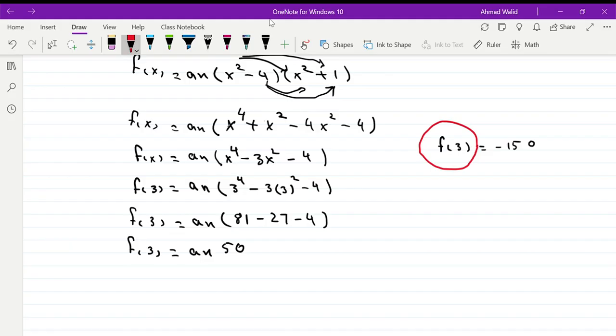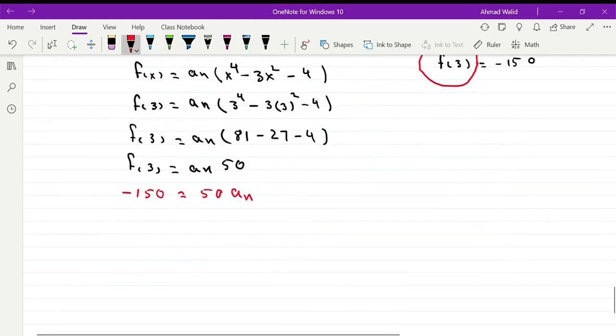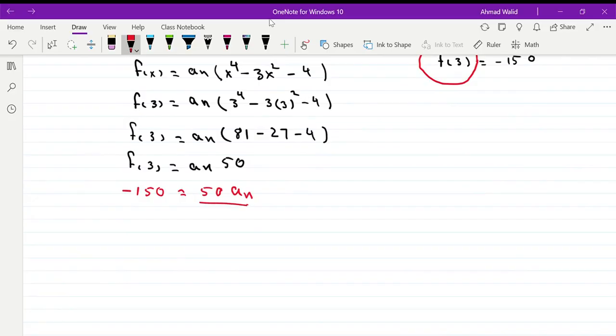F of 3 is actually negative 150, equals what? Negative 50 a sub n. To find the value of a sub n, divide both sides by negative 50. Correct? Then you can say a sub n is equal, how many times 50 goes into 150? 3 times.